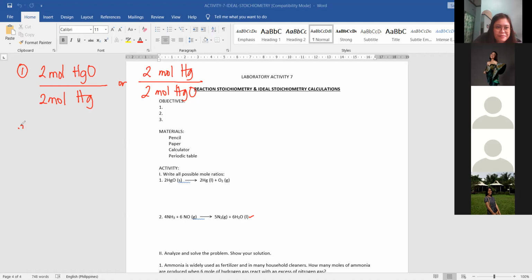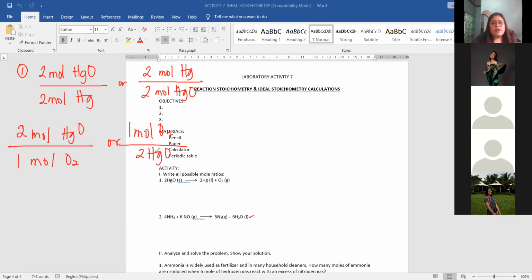So sa second one, you can also write, sige, hindi sila ka-disconnect. Okay, so you can also write 2 moles of mercuric oxide will also yield, this time it's only 1 mole of oxygen. Or the reverse of that, 1 mole of oxygen will be produced if you have 2 moles of, sorry, nakalimot sad ako sa moles. Okay.